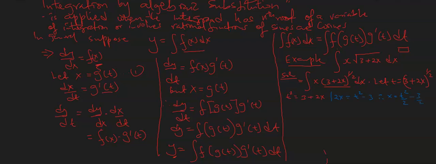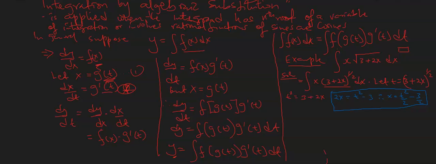We shall come back to this expression, x equals t squared over 2 minus 3 over 2, later on. So note, we have introduced a new variable t, or rather x now is a function of t, and the next thing is we need to find our derivative dx/dt.